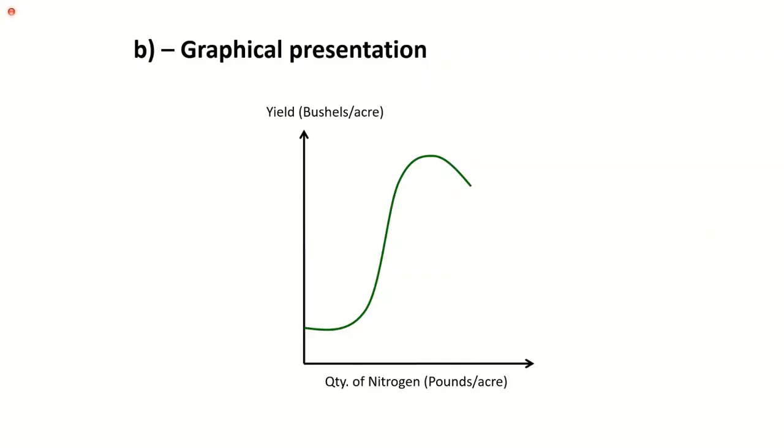If it's a crop, fertilizer would be the key input, right? So what I have done here is I've plotted the relationship between yield and the amount of nitrogen or any fertilizer, right? So what shape of a graph would you expect if you plot this relationship?